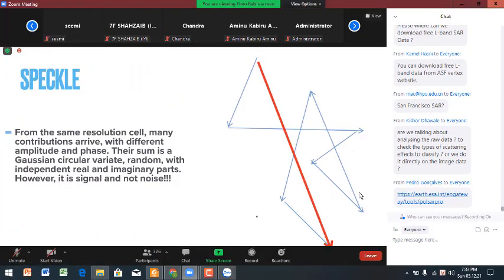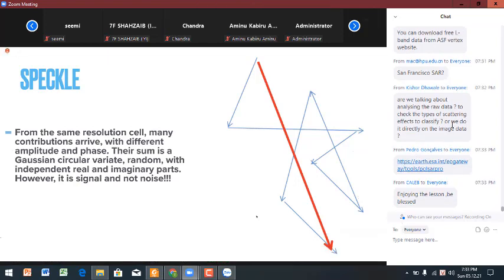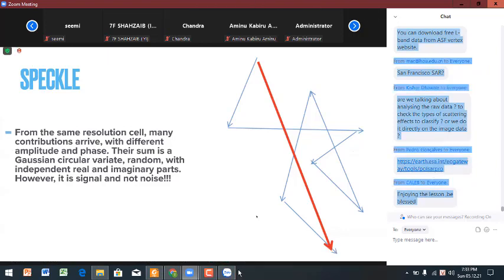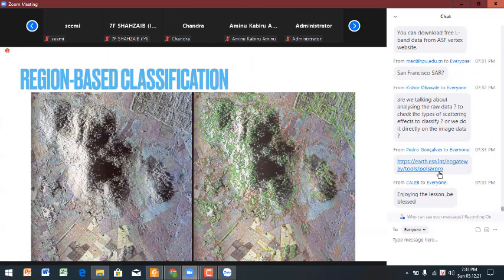However, we have the speckle effect, also for sure in polarized data, so we have to deal with that. One way to deal with it is averaging the data, and it is then recommended to use some kind of region-based classification.